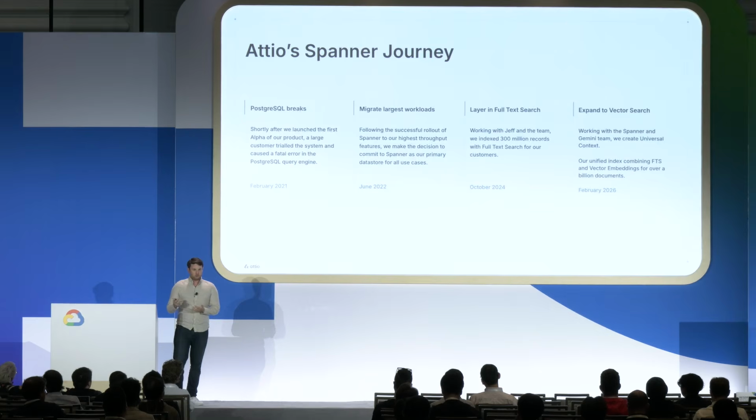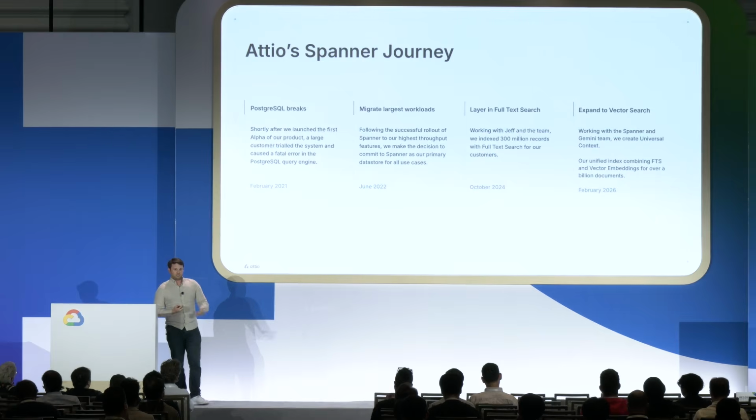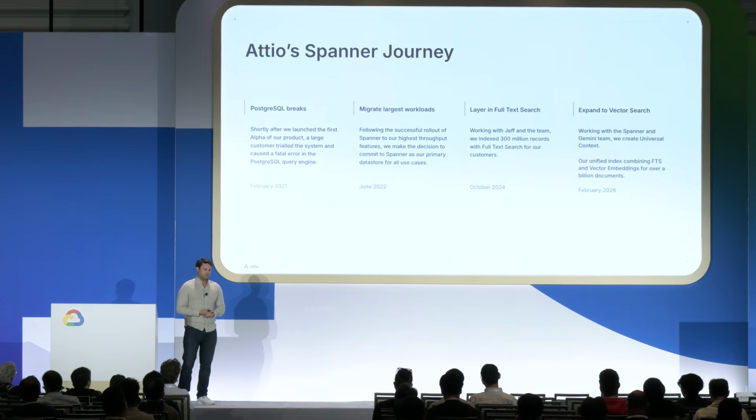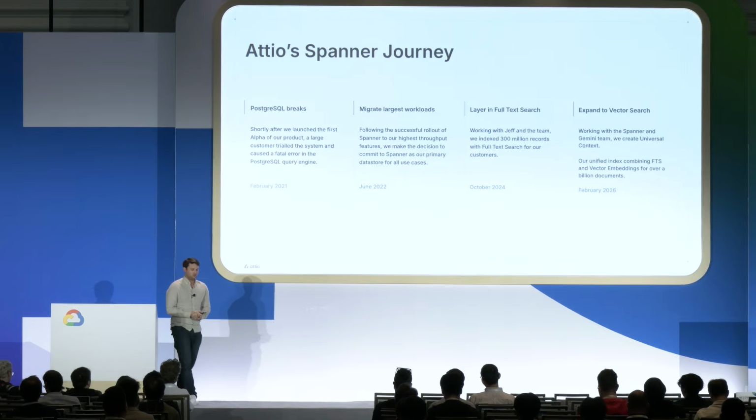And so we began to move all of our relational workloads away from Postgres and onto Spanner. We were still, however, running full text search, and vector embeddings were not really widely spread at that point in time. And so we were using another full text solution off platform. And that's when we decided to start exploring Spanner full text search with Jeff and the team.